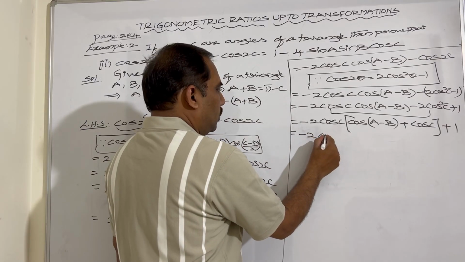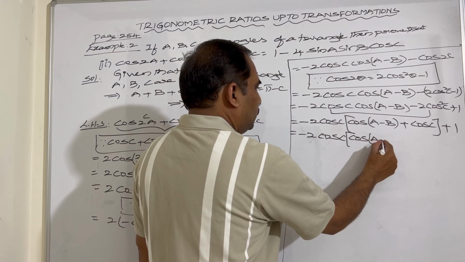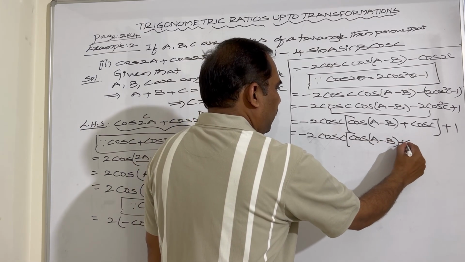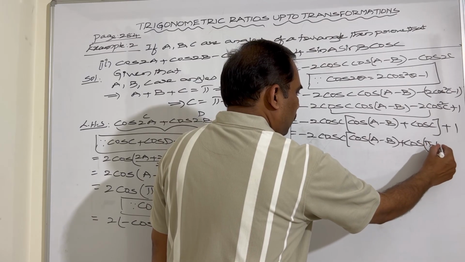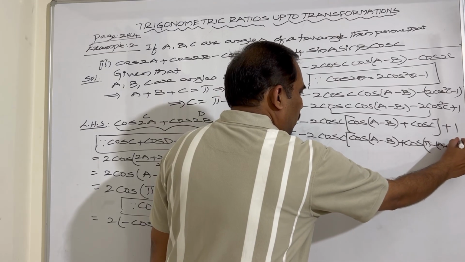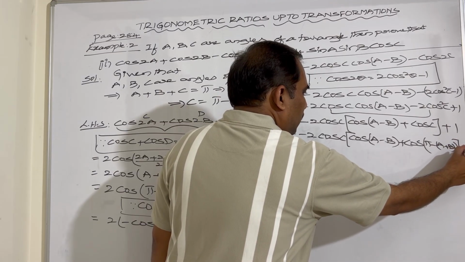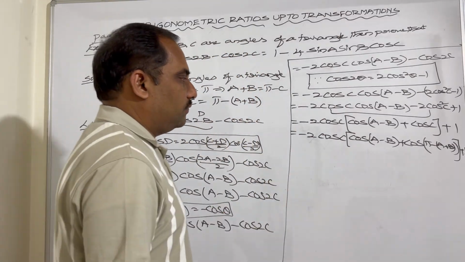Now writing minus 2 cos C as it is, this is cos of (A minus B), and plus cos C is replaced by cos of pi minus (A plus B). Why? Because A plus B plus C is equal to pi, so C is equal to pi minus (A plus B).